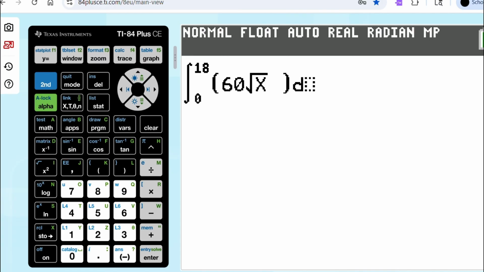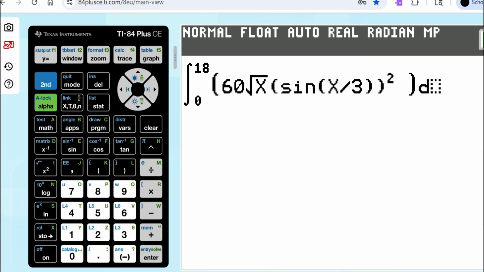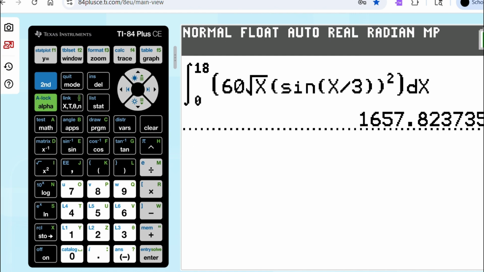Your graphing calculator doesn't quite do a sine squared, so you just put a parenthesis and do a sine of x over 3, and then square that. And so then we'll go in and say dx there at the end, and when we integrate this, we should get 1,657.8. It said to round to the nearest whole number, so that'll be 1,658 cars.